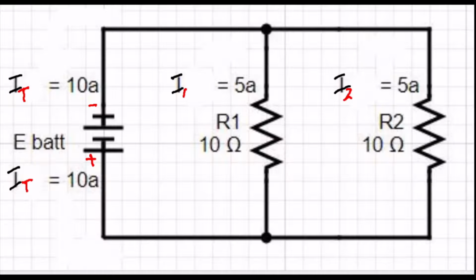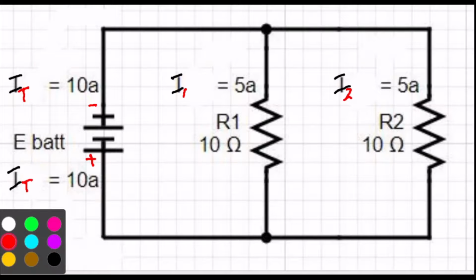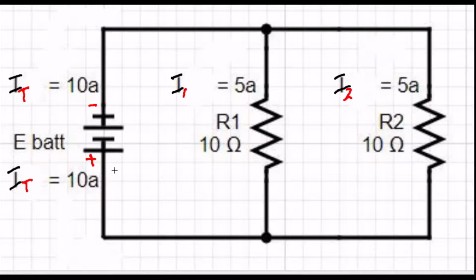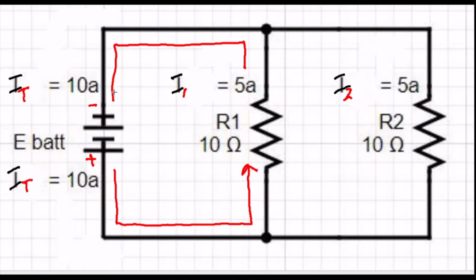Well, that kind of tells you something's going on, where if we have 10 amps leaving the battery, which I'll put down here, 10 amps leaving the battery, and going up to resistor 1, at that point we have 5 amps. And we can say that that then returns to the battery.